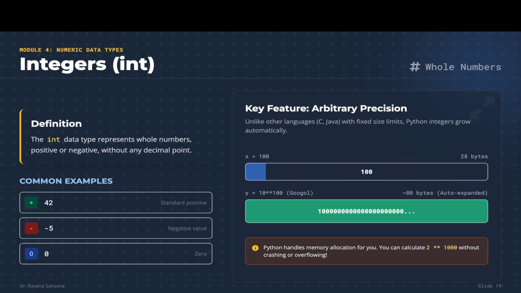If you try to store a number larger than that box can hold, you get an overflow error. Python is smarter. It handles integers of any length. If you have a massive number, Python automatically allocates more memory to store it. You can calculate 2 to the power of 1000, and Python will still give you the answer without complaining.